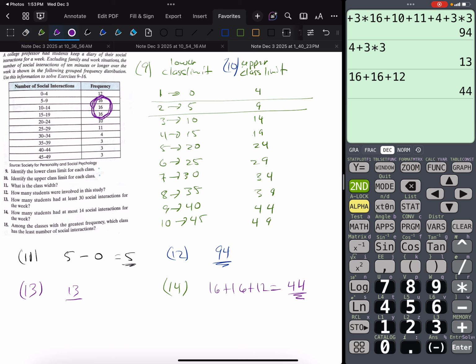And with those 3, which of those 3 had the fewest social interactions? Well, it's going to be the smallest number of social interactions. And so it's going to be the 5 to 9 group. So 15 is going to be the 5 to 9 class.